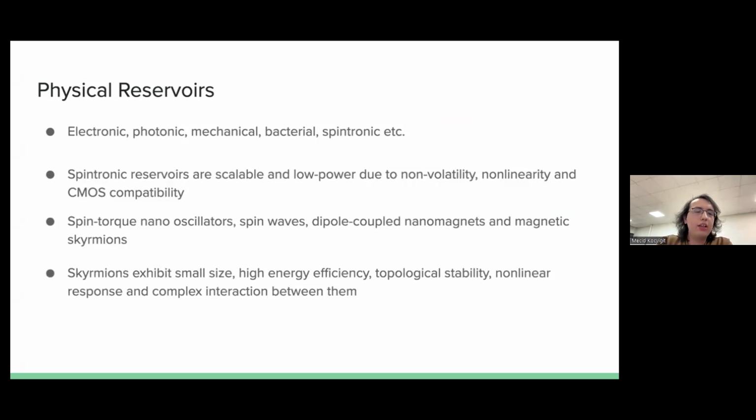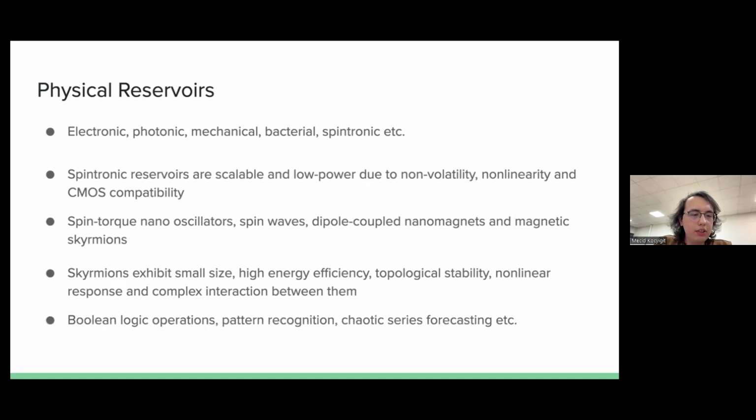Magnetic skyrmions, exhibiting small size, meaning sub 10 nanometers, high energy efficiency, and topological stability, show exclusive advantages for implementing a reservoir regarding its nonlinear response, short-term memory, and complex interactions between multiple skyrmions.